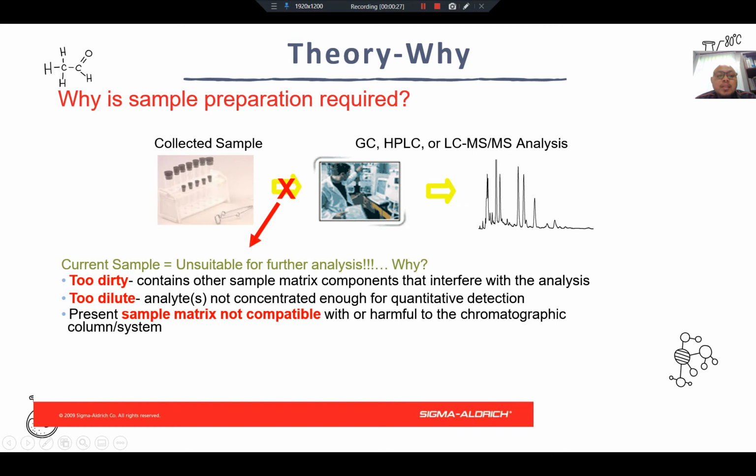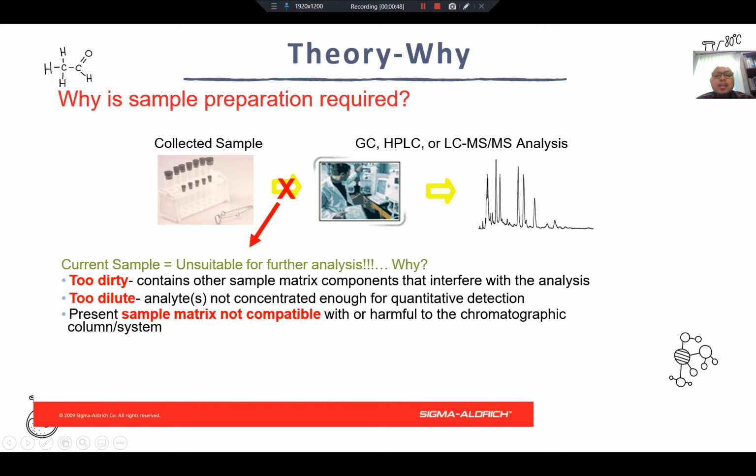Because sometimes the sample is too dirty. When the sample is too dirty, it may contaminate the column, contaminate the analytical method, and damage the instrument. It may give you a bad result because of all the matrix interference.